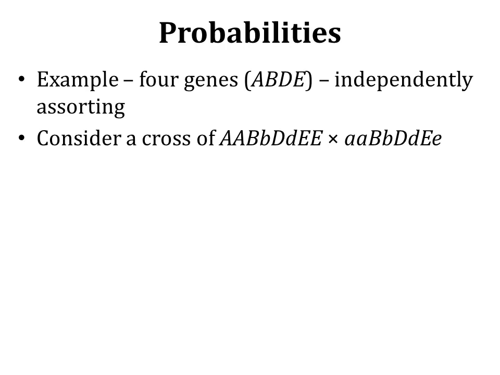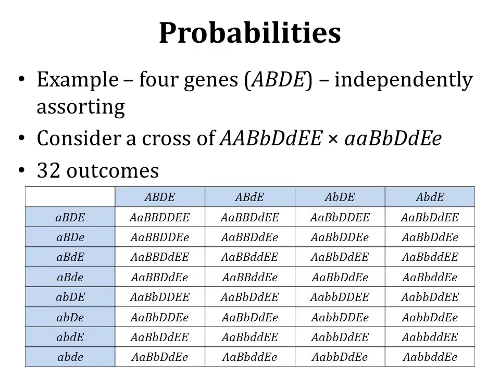So first thing that we have to do is find out the gametes. I'm leaving it to you to find out what the gametes are, although the gametes are mentioned here in the table as well. So there are 32 outcomes, and we have the 4 gametes from the first individual, which are presented in columns, and how many gametes from the other individual? 1, 2, 3, 4, 5, 6, 7, 8.